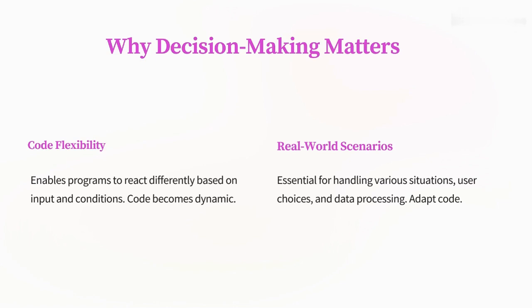Decision making is also essential to solving complex problems. Most algorithms require branching logic to determine the next step or to explore different possibilities based on conditions. It's how you get your program to explore different solutions depending on the inputs or environment.